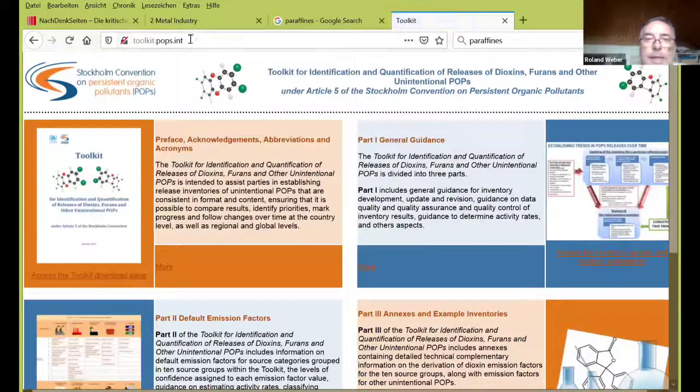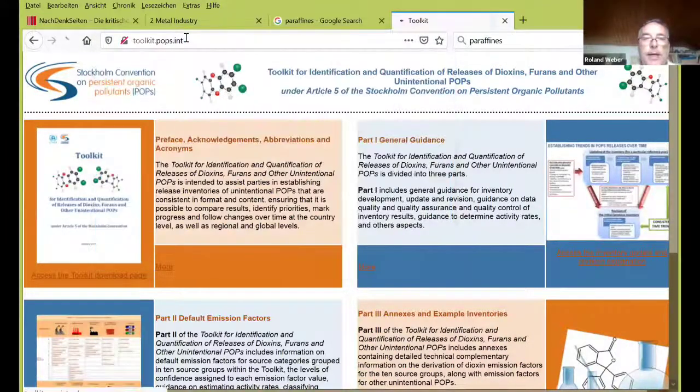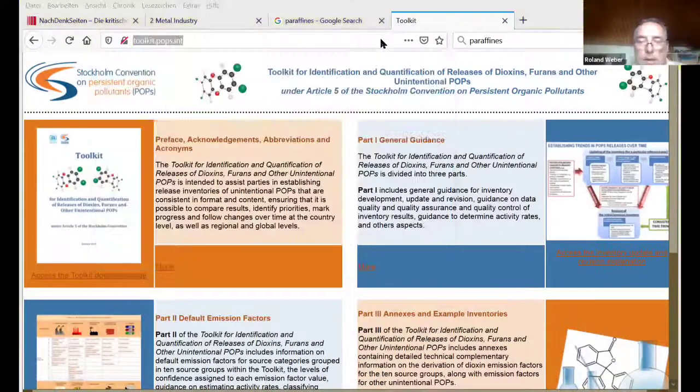So this is the internet web page, the toolkit. Wait a moment. When I click, it's just the same toolkit as on my laptop. So I just send you the link in the chat. Where is the chat? Here's the chat. So, toolkit UNEP Toolkit 2013.